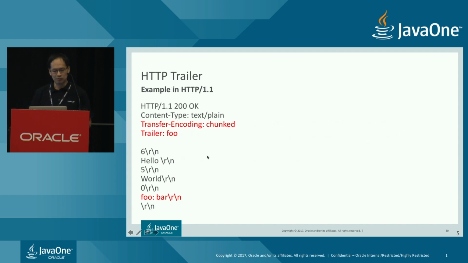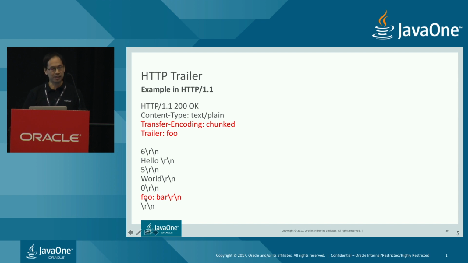Now, you have a standard HTTP response. Now, in HTTP 1.1, in order to use the trailer, there is a requirement. You need to use the chunked transfer encoding here. And then in this case, I want to let the user know I want to give you a trailer.